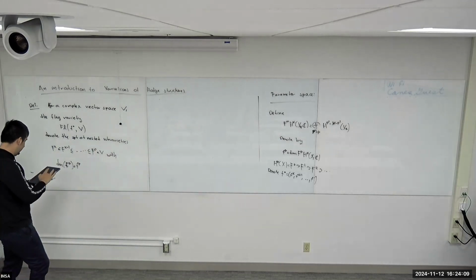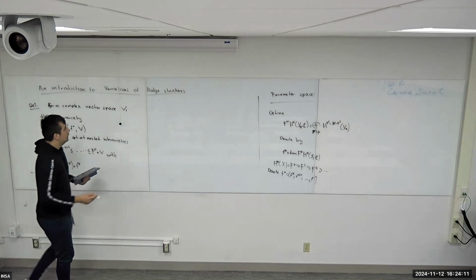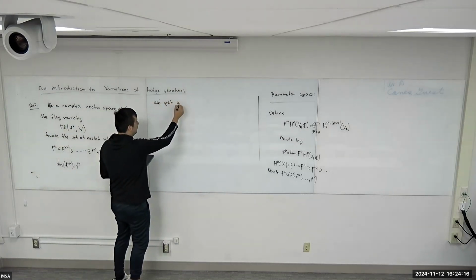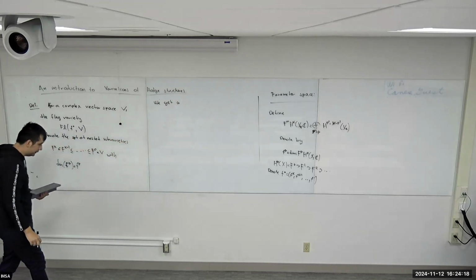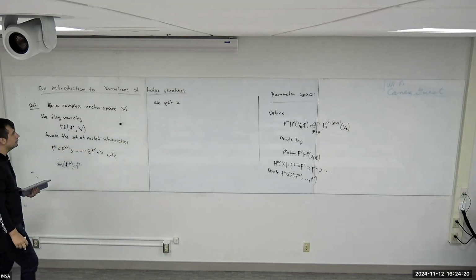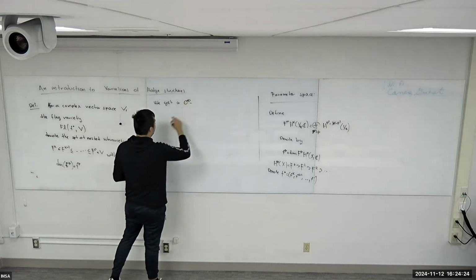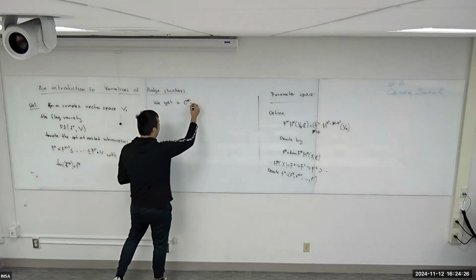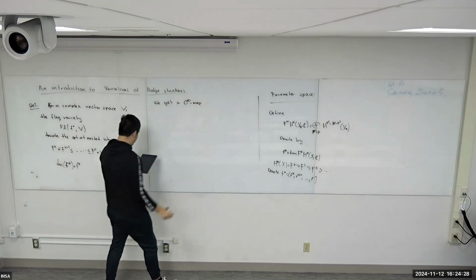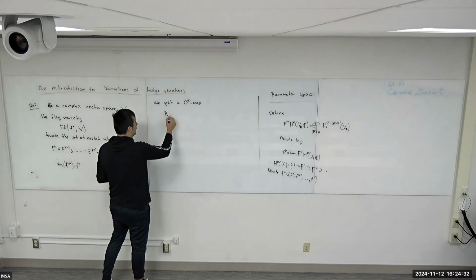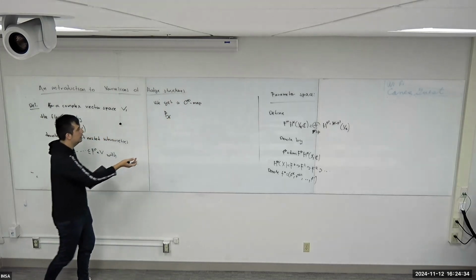And if I want to justify this, we need to use some theory of elliptic operators, but we will actually get a C-infinity map in the following way. So this is going to be like the local period map.